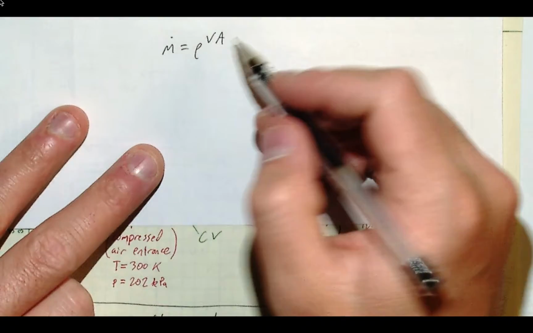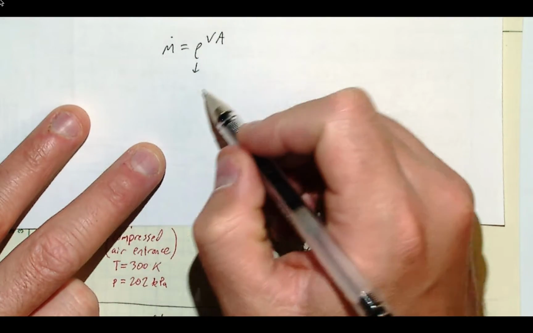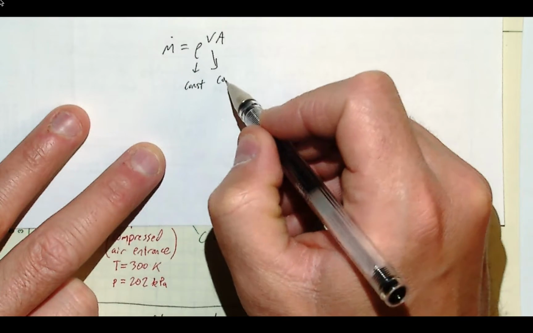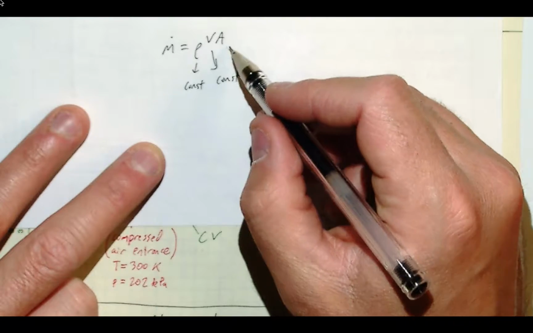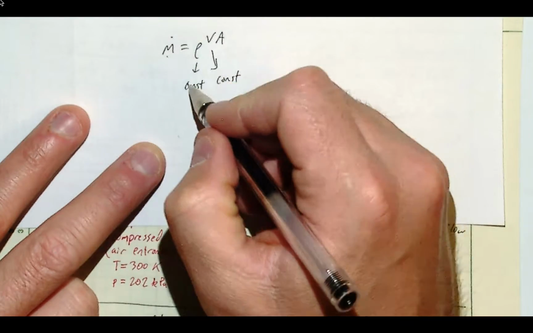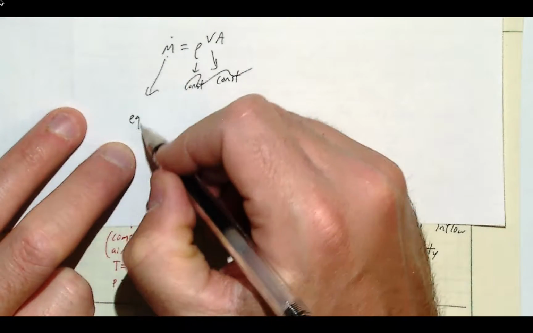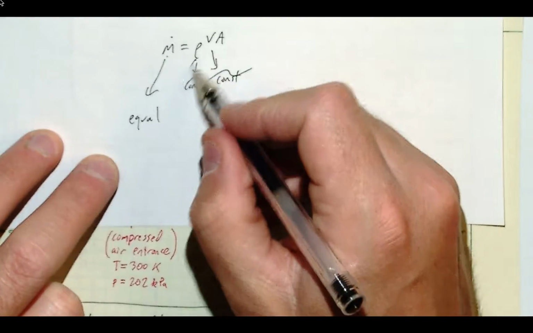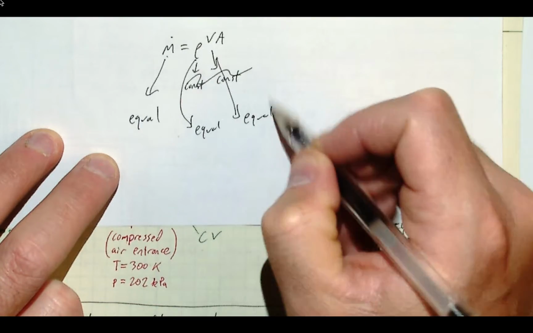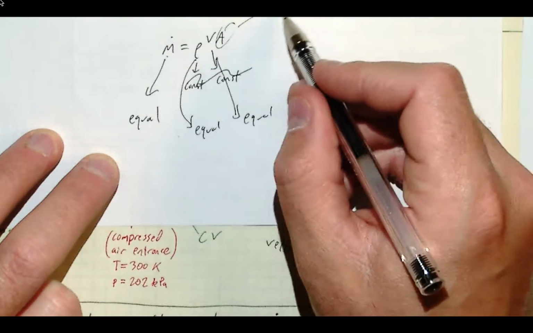If this can't change, these two are equal. So we want m dot to be equal, we want rho to be equal, and we want V to be equal at the two places, then A had to be equal as well.